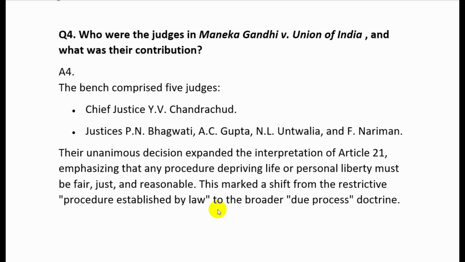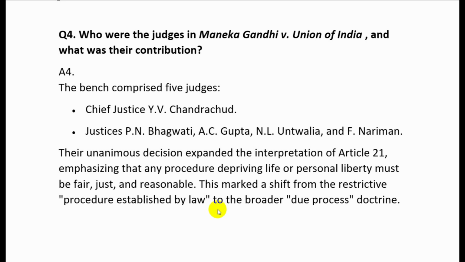This due process meant that in this particular matter, when the passport was impounded, taken away from Maneka Gandhi, she was not given the reason for that. And the due process that needs to be followed is that the reason has to be given for impounding of the passport, that is, taking away of the passport.